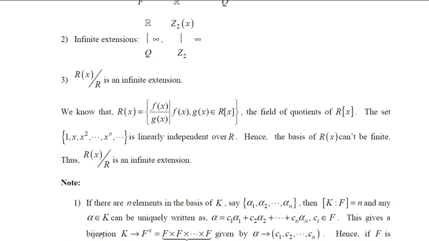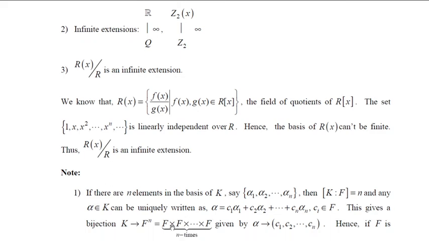So this gives a bijection. We have proved this result in the vector spaces class. This gives a bijection from K to F^n, that is, the Cartesian product of F n times, defined by alpha to the n-tuple (C1, C2, etc., up to Cn).